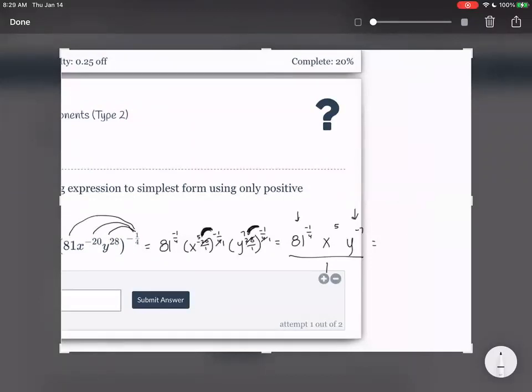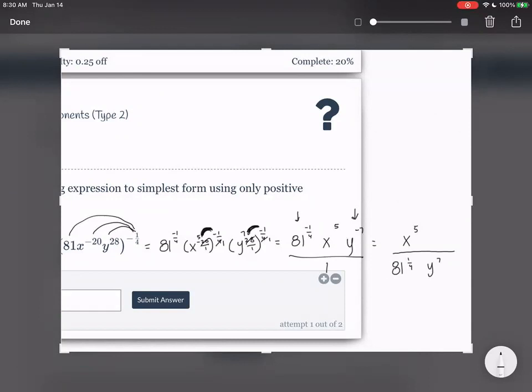The x has a power of positive 5, so it can stay where it is. It's already happy there. But let's move 81. Instead of negative 1/4, it's now positive 1/4. And y has the power of positive 7 now instead of negative 7. So we just move those two pieces from the top to the bottom.